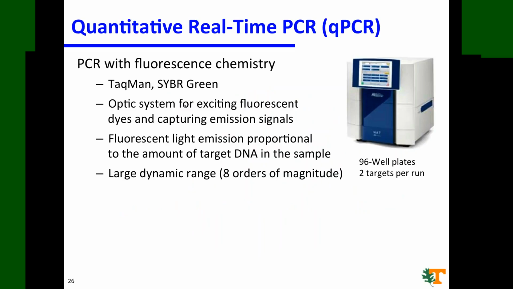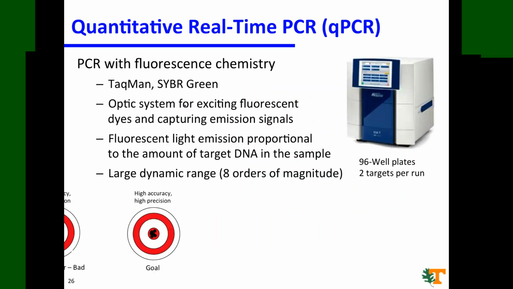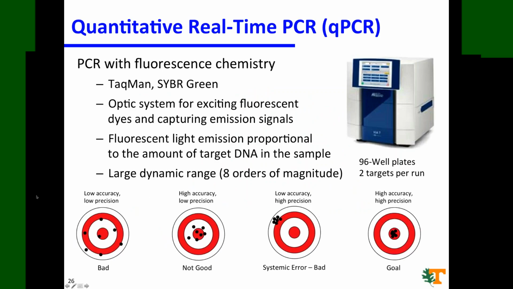Now, there was in the past some concern about the accuracy of qPCR. You can have low accuracy, low precision. The numbers are all over the map. You send the same samples to different laboratories, you get different results. But there are different problems. Ideally, everybody is on target.